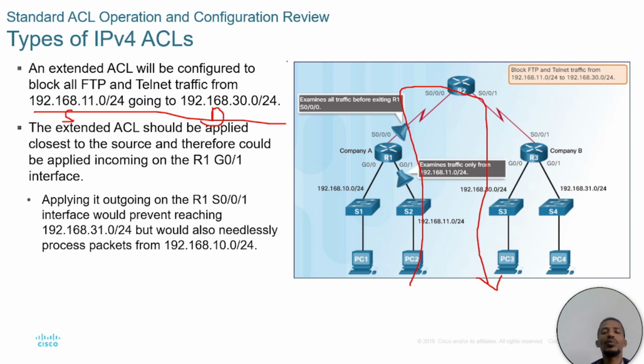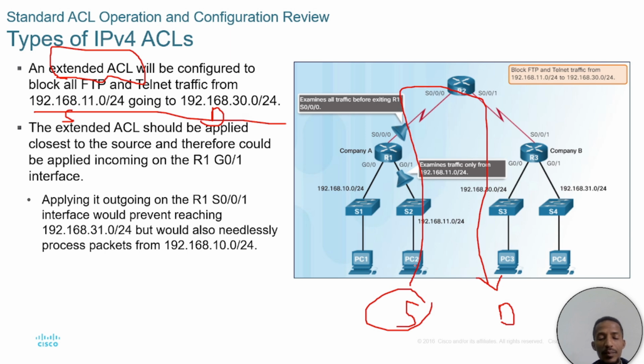From the source to the destination, you implement it in such a mechanism. Based on the description we have been provided, where do we implement it? As close as possible to the source, because we are implementing an extended access control list. Previously it was the standard one, now it is an extended access control list. So as much as possible we implement it here.